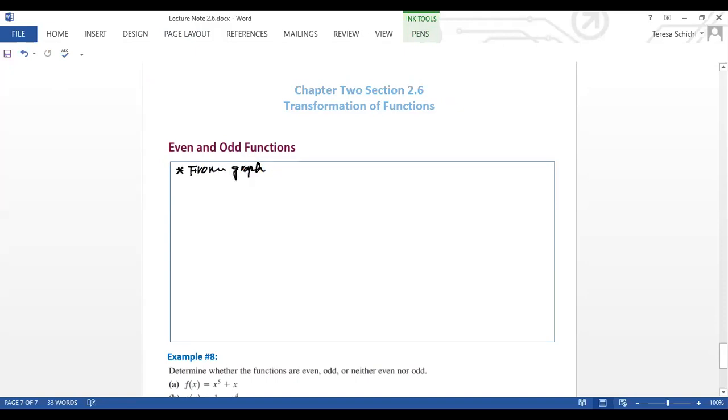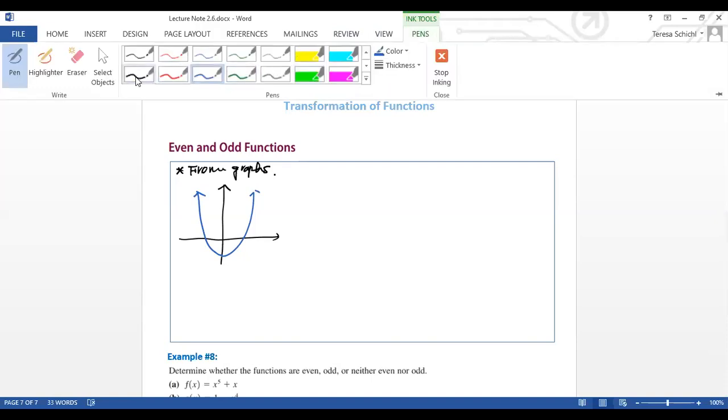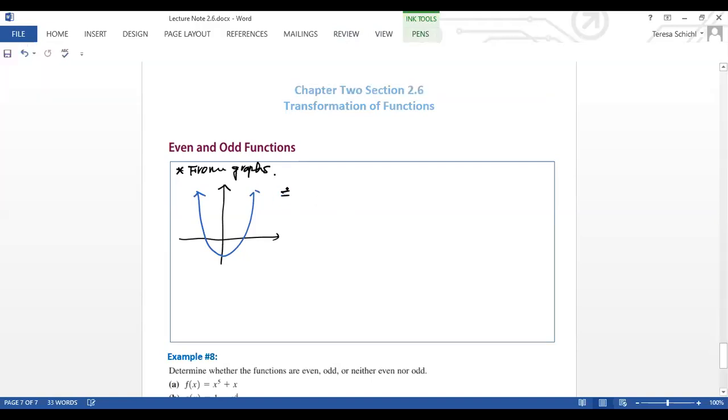If you can graph it, for example, if they give you the graph here, and they say, hey, this is my function, then from the graph you know this is even.